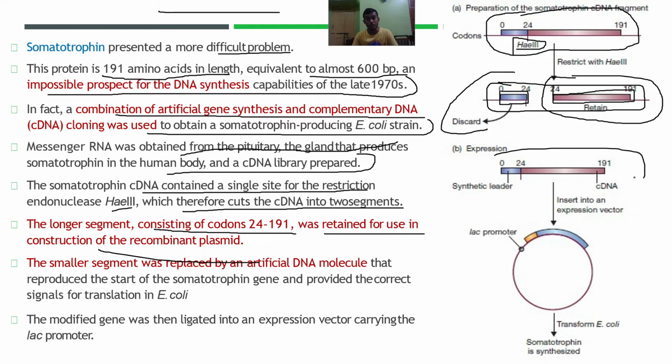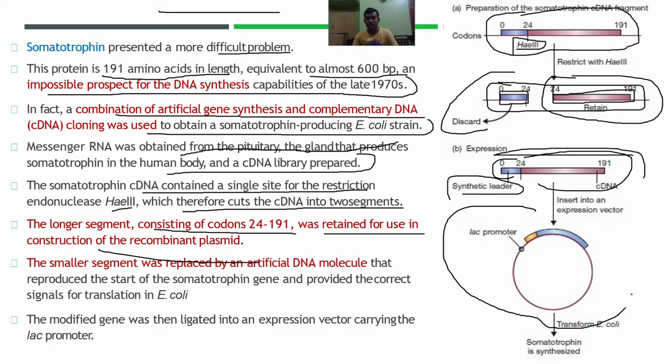This bigger part of somatotropin was used by ligating a synthetic leader in front of the somatotropin fragment. So this is the bigger fragment, and in front of that we have the synthetic leader, which is ligated onto it. Then the entire thing is inserted into an expression vector which contains the lac promoter.